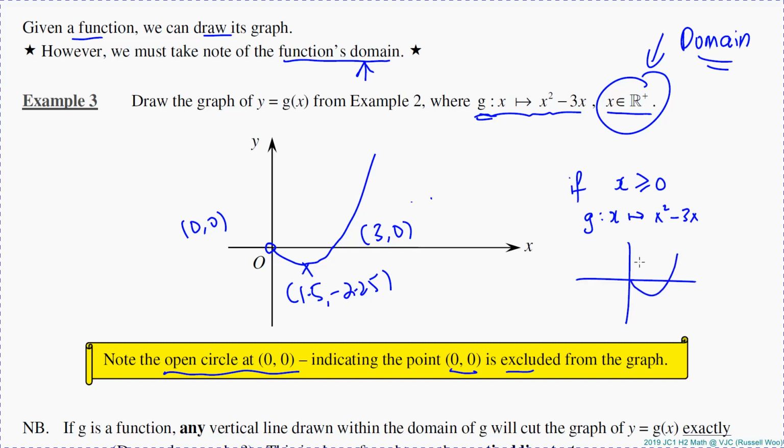You just leave it like that, without the hollow circle, good enough. But now it must be positive, so you must have a hollow circle. But if it's just greater than or equals to 0, you just leave it like that. Good enough. Okay?